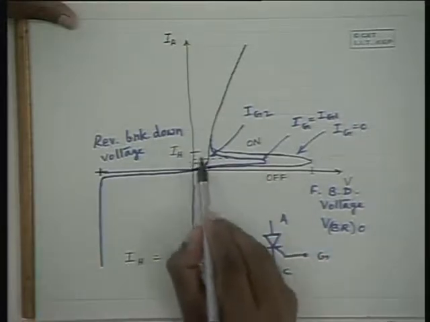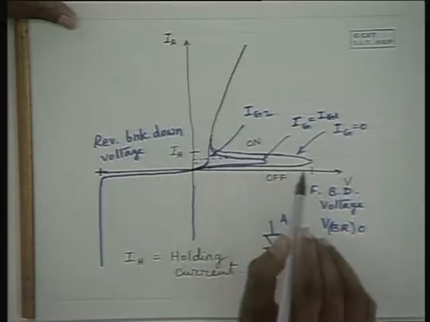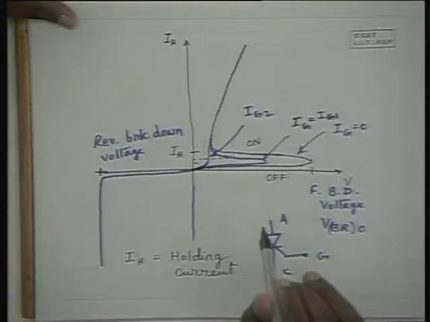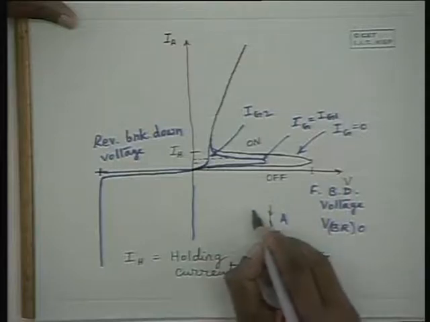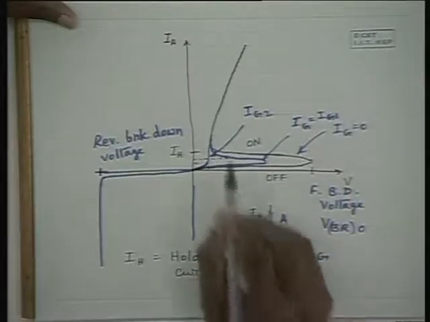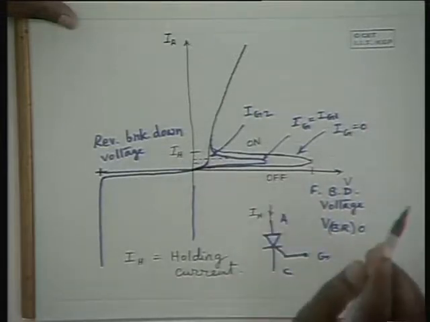Now IH is the minimum current that flows through the device when it breaks down. If the device current is brought below this IH, the device jumps from on state back to the off state.